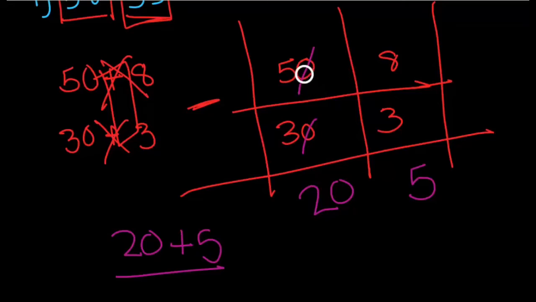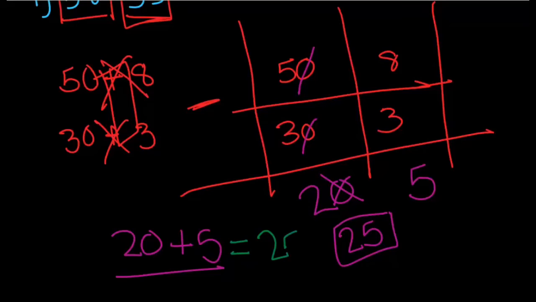I just prefer to cross them off, and we have our answer, 25. But if you would rather have the zeros written down, you can have the zeros right next to the 2, and then you can write this in expanded form into standard form. 20 plus 5 in expanded form is equal to 25 in standard form.